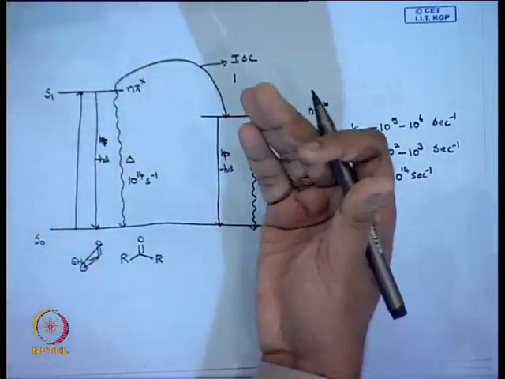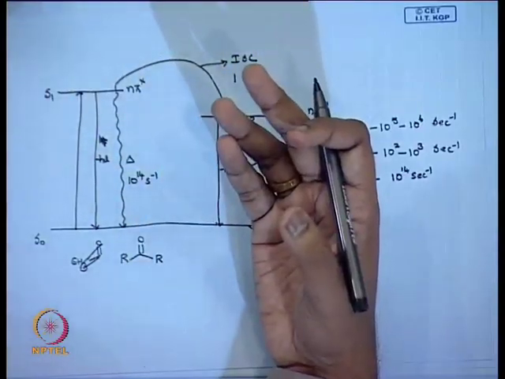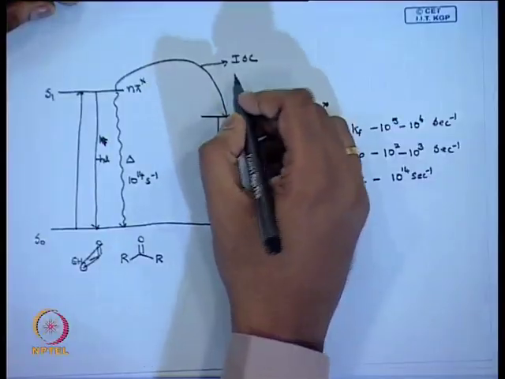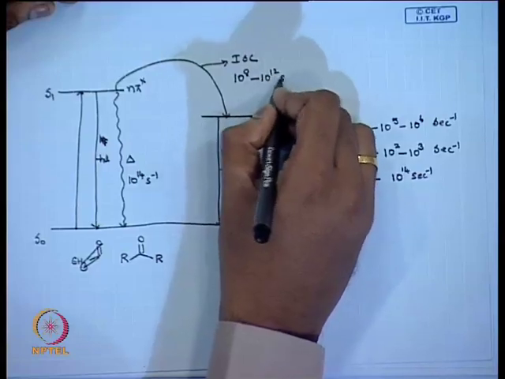Whether the process ISC will be slower than phosphorescence or faster than phosphorescence, because both are spin flipping processes? It should be faster. So, it does like 10 to the power of 8 to 10 to the power of 12 second inverse.